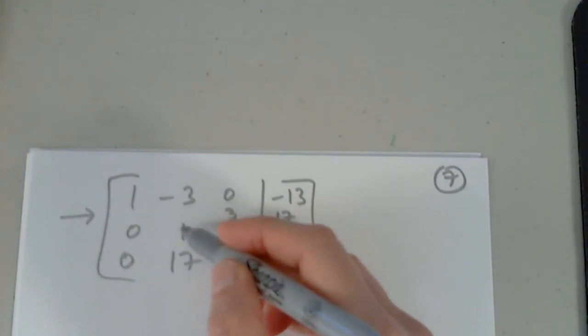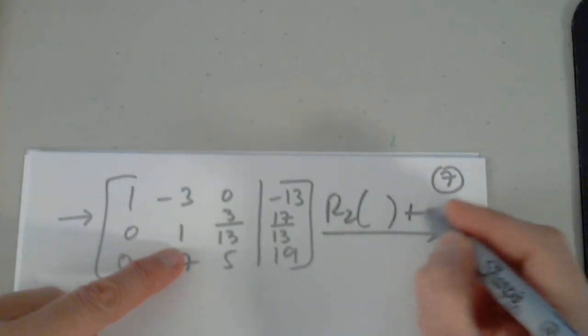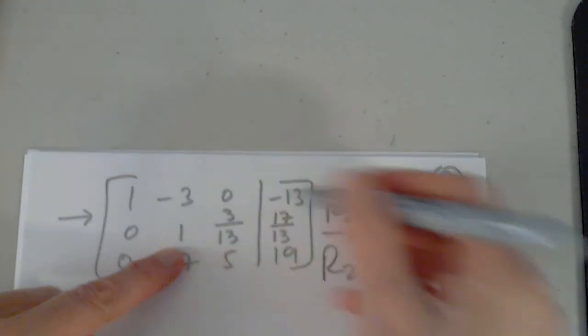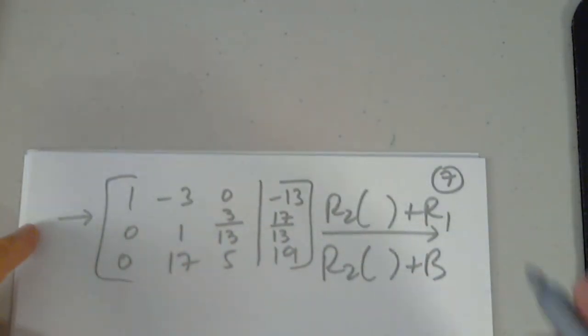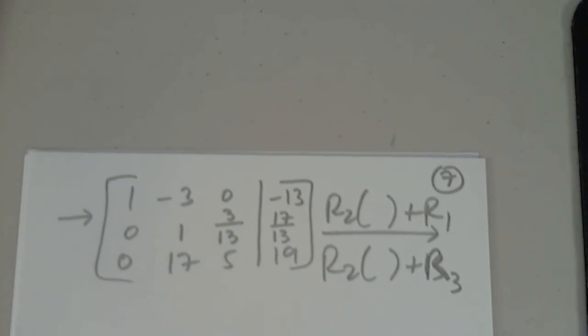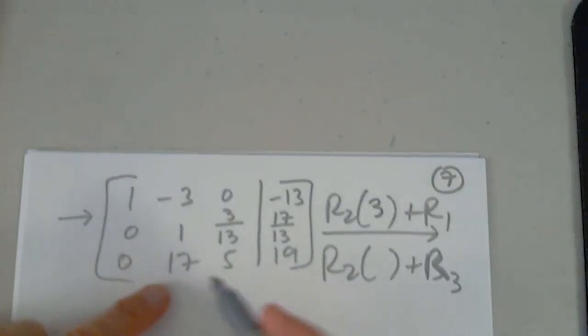This is done. I have to use row 2 now twice. Add it to row 1 and then add it to row 3. Okay, so what do I need for this? I need a 3. What do I need for this?